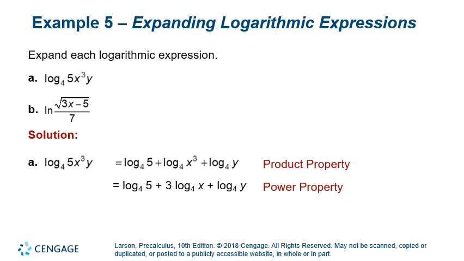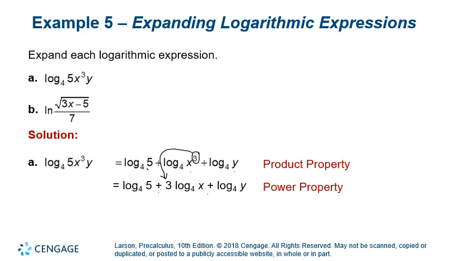If you look at part A, we have a 5, an x cubed, and a y. So that's 3 things that are being multiplied. So when we expand that, we expand by adding those 3 things together. And we bring that power down in front with the power property.